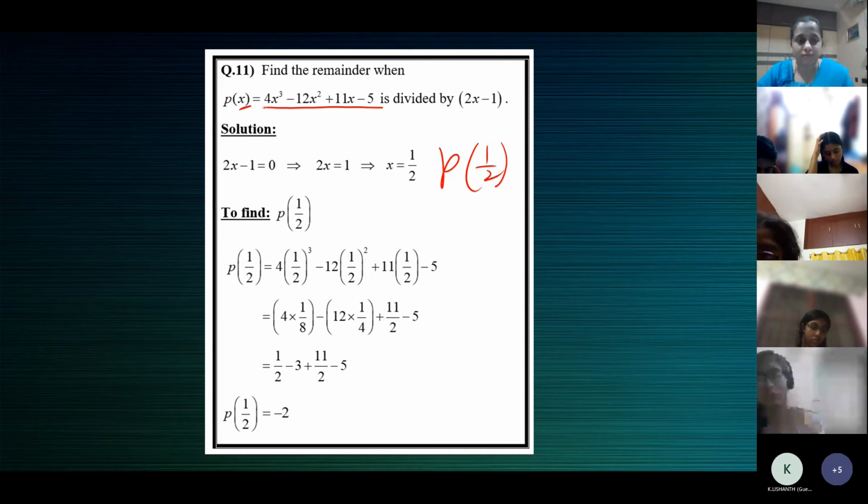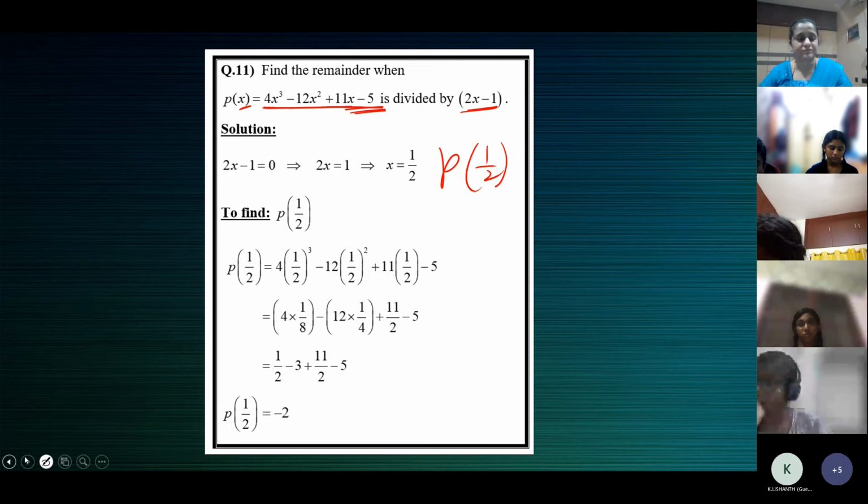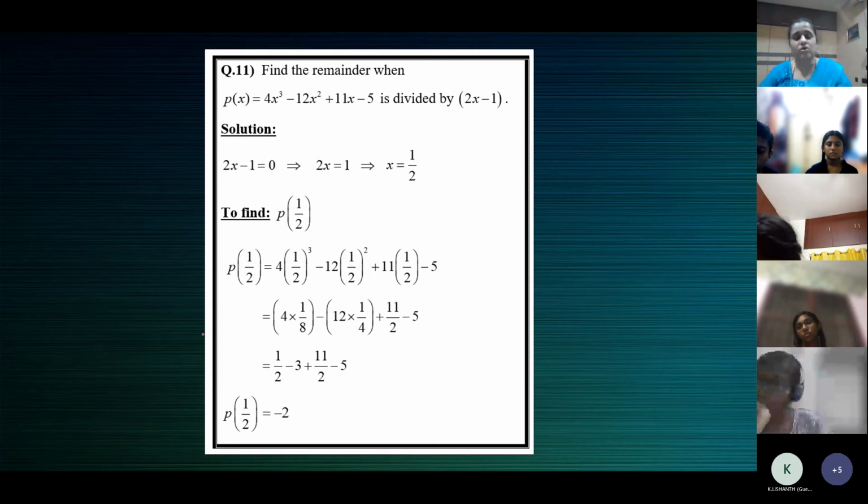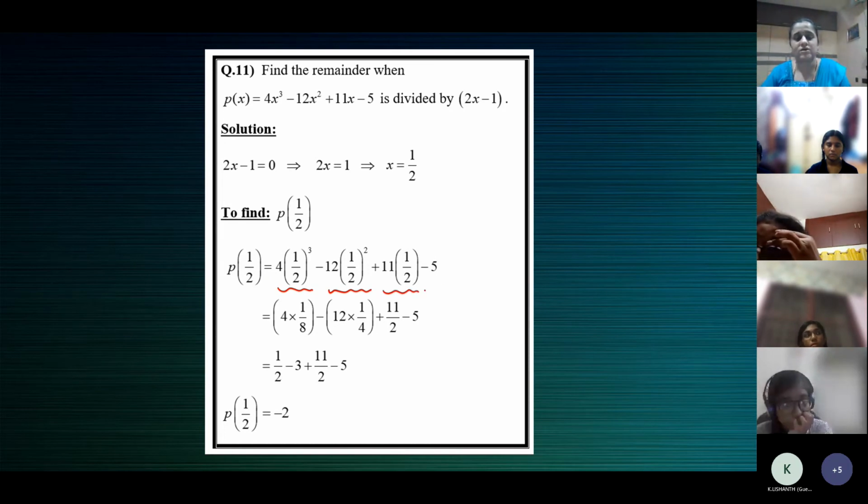And when you find the value of the polynomial at x equal to 1 by 2, that is the remainder when this polynomial is divided by 2x minus 1. You can go wrong in calculation here, so you need to be very careful. So see here: 4x cubed, 4 into 1 by 2 the whole cube, minus 12x squared, minus 12 into 1 by 2 whole squared, plus 11x, plus 11 into half, minus 5 as it is.